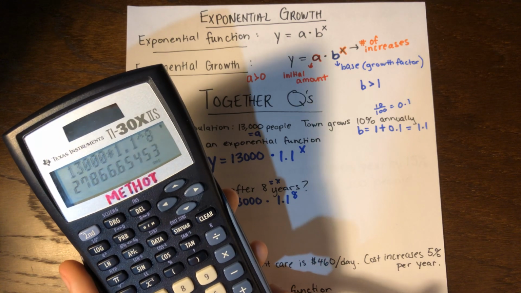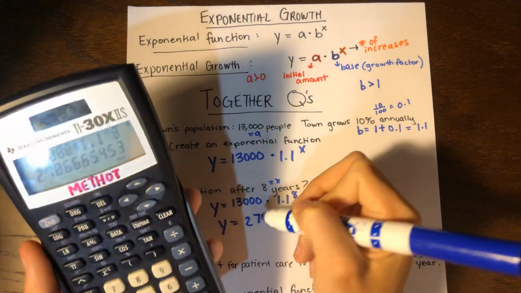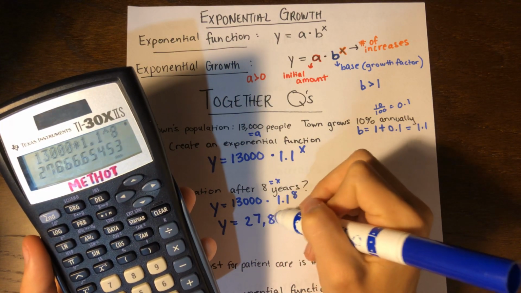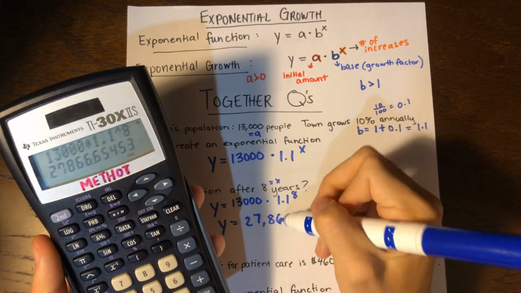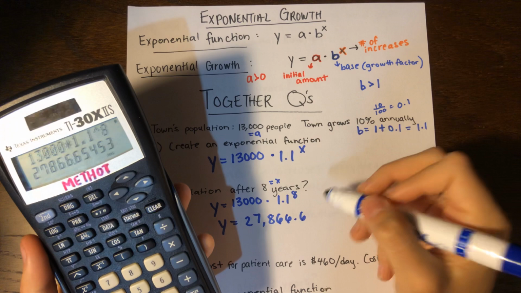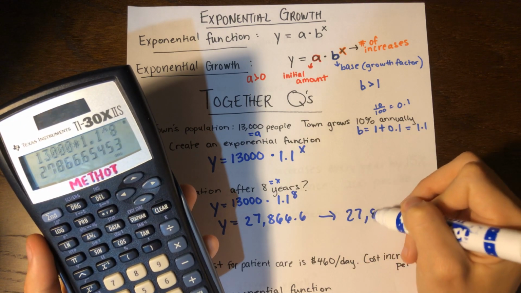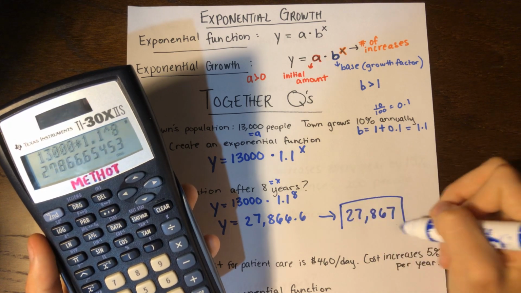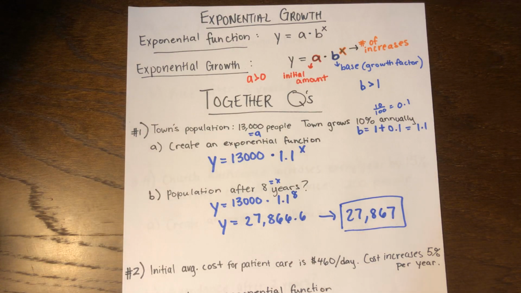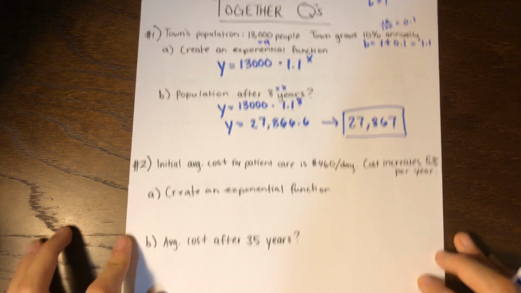And then you hit enter. So y is equal to 27,866.6 people. But there's no 0.6 people, so we just say 27,867 as our answer. The population increased. It went from 13,000 to 27,867 after 8 years.